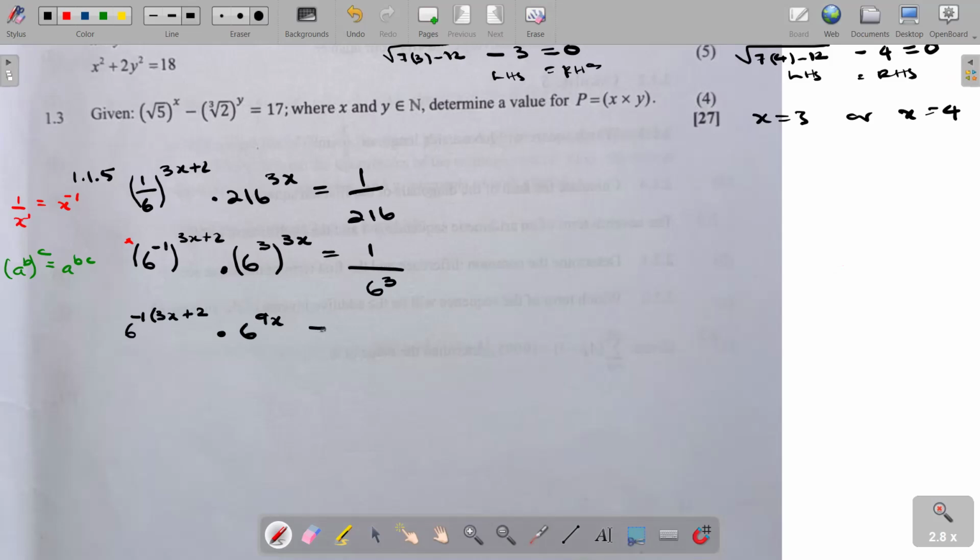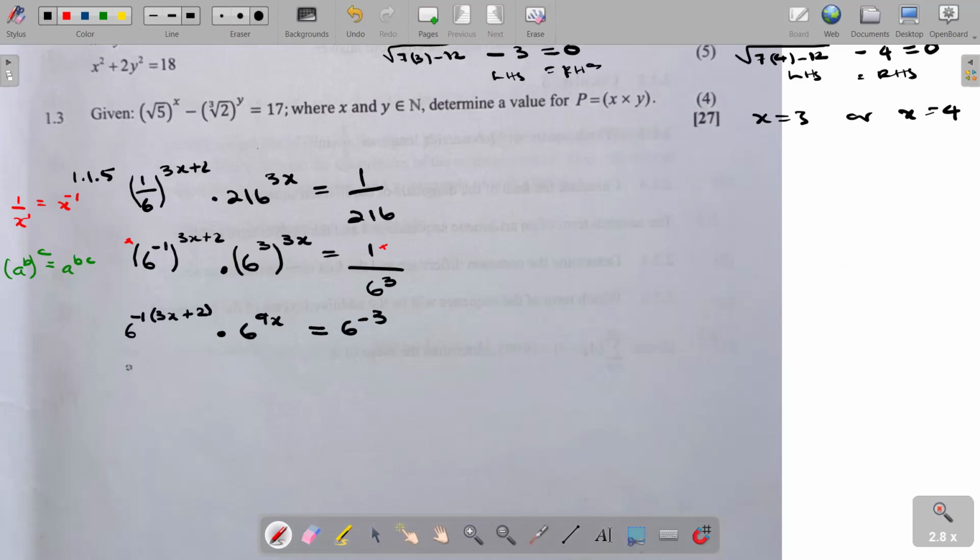This is equal to, applying the first rule that we applied, the one marked in red, 6 to the power negative 3.